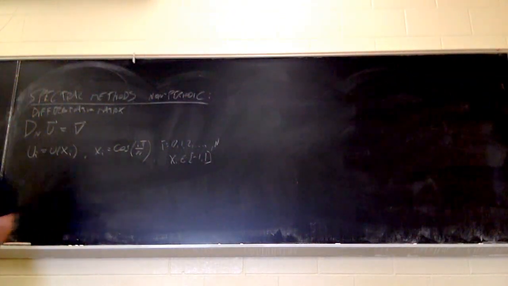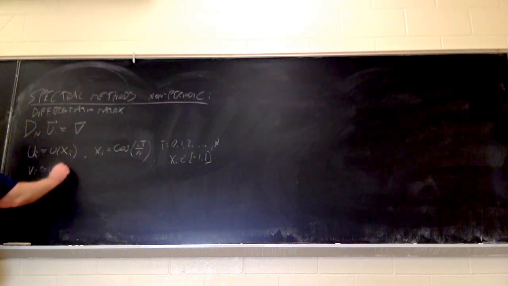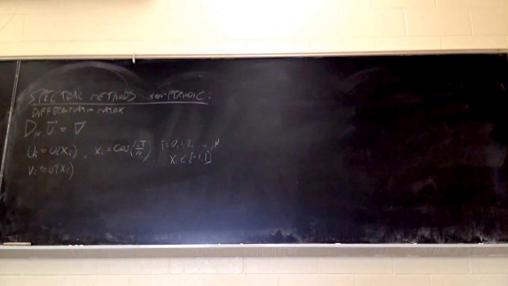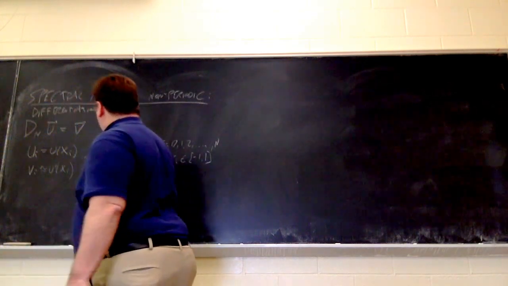And then the output, v_i, is an approximation of u prime at the same point. And this is with spectral accuracy.